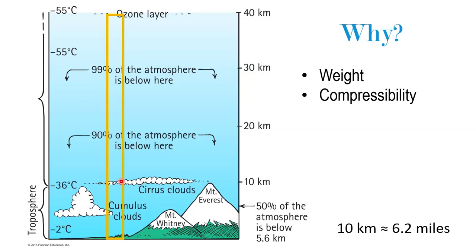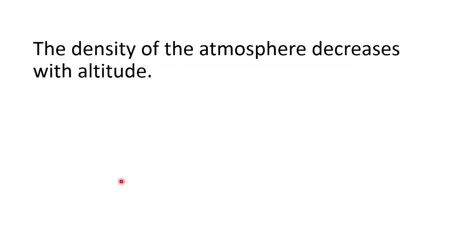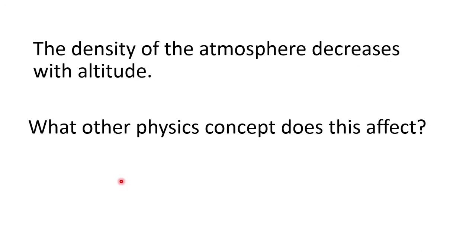All right, so we're going to talk more about that here in a minute, but we're just going to come up with a key point. The density of the atmosphere decreases with altitude. You can either memorize this, or if you just think about it, it's kind of common sense. There's more weight above you at lower altitude, so there's more density at lower altitude. Okay, so I want you to think about what other concept this affects.